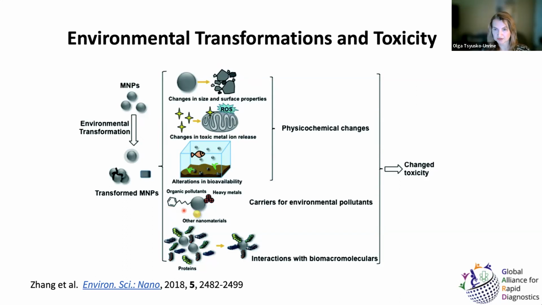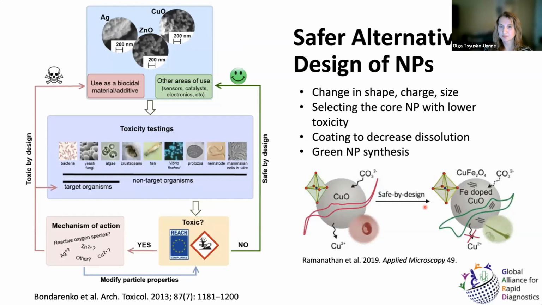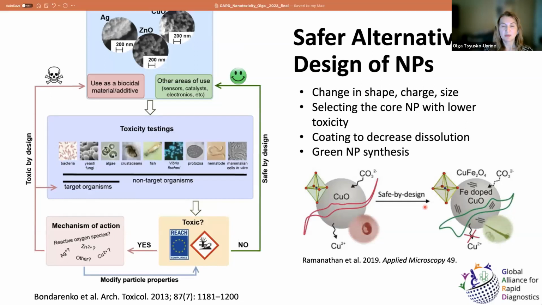Another thing: if they interact with pollutants, would they carry pollutants to the organism too? All of that results in changes in physicochemical properties and hence changes in toxicity. So that gets much more complicated. How do we really take into account those potential risks when we design novel nanomaterials?